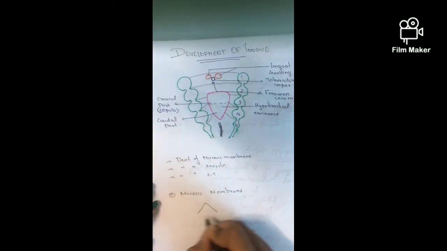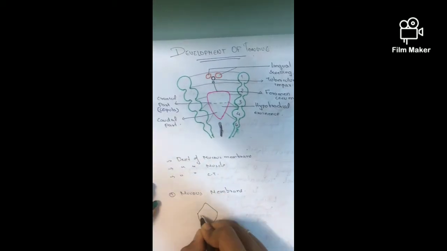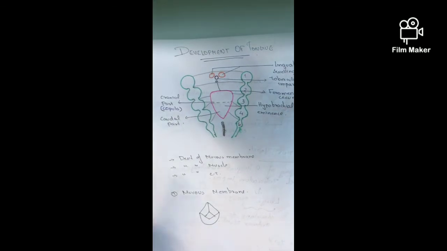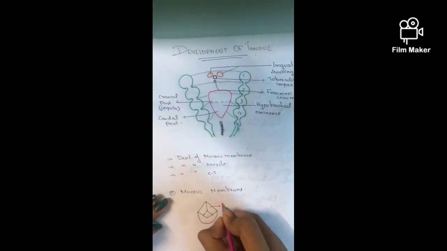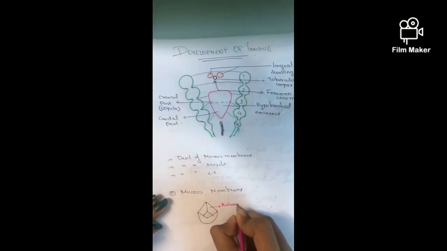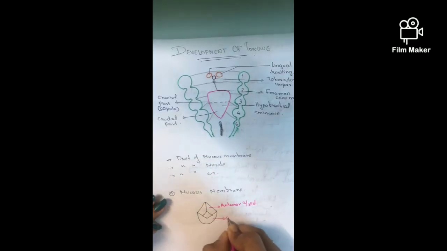So if this is a diagrammatic representation of our tongue, this is the anterior 2/3, and this is the posterior 1/3.